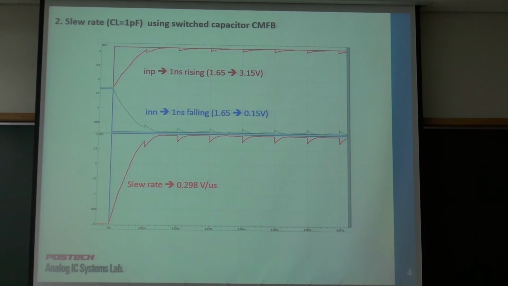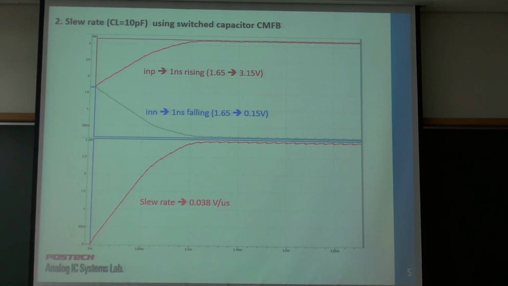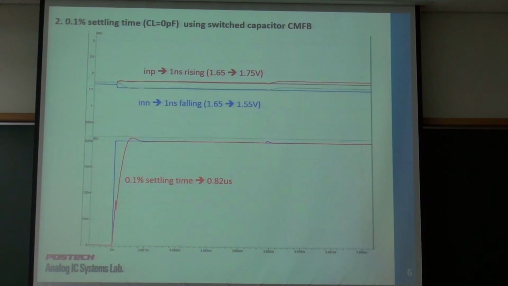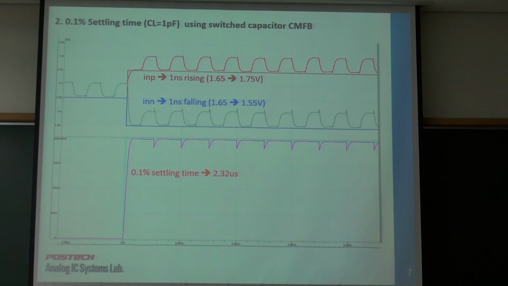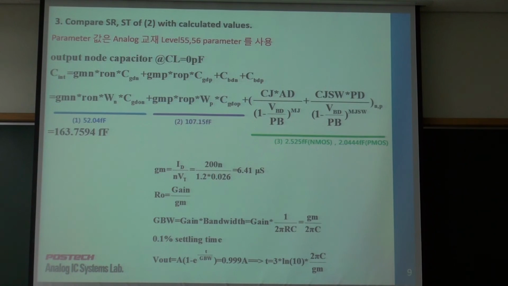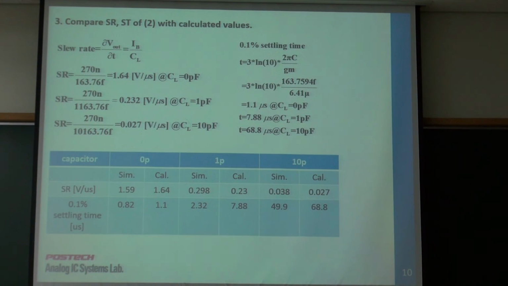What's the range? Looks like this is a switched capacitor. Actually, he didn't show the full DC transfer curve yet. Okay. Yeah, slew rate reduced with the increase of load cap.